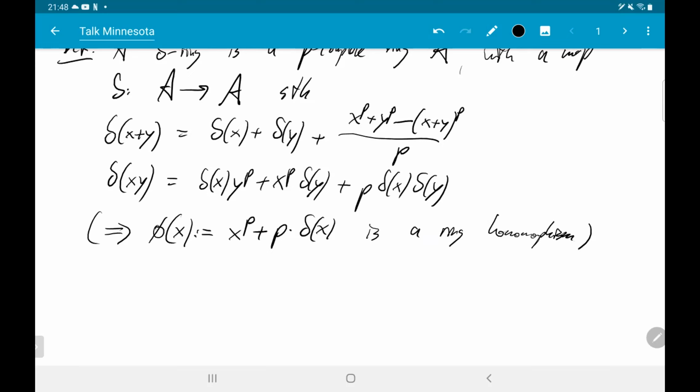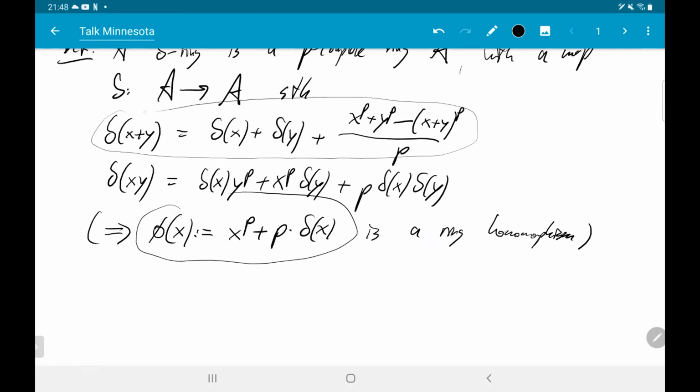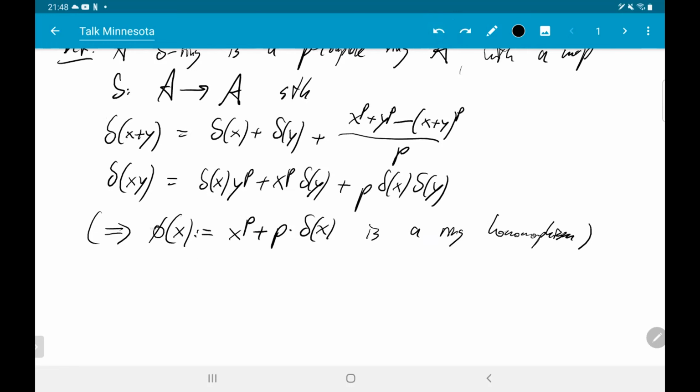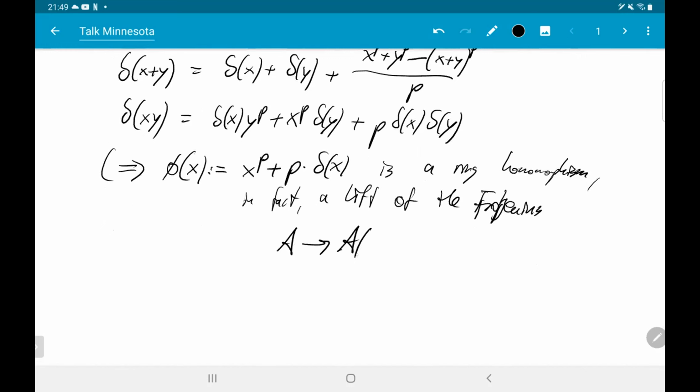If you write out what it would mean for this to be additive, you would basically need exactly this, or rather p times this. And if you spell out what it would mean for phi to be multiplicative, you would get basically p times this. So in fact, another way of saying what this is: it's a lift of the Frobenius that you always have from A to A mod p.